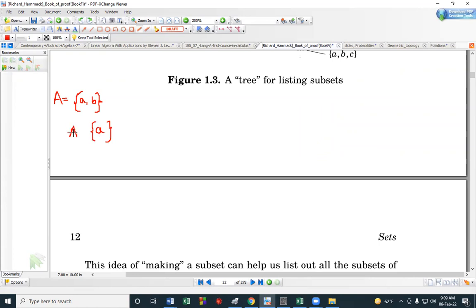A1, let's say. Is A1 a subset of A? It is, yes. A2, is A2 a subset of A? A3 is A itself.